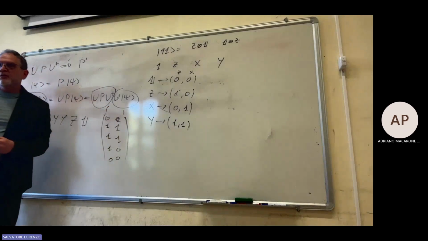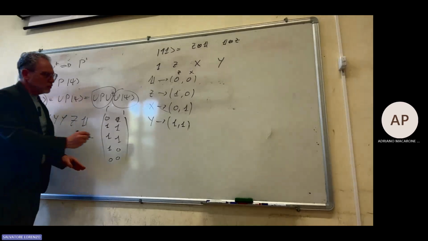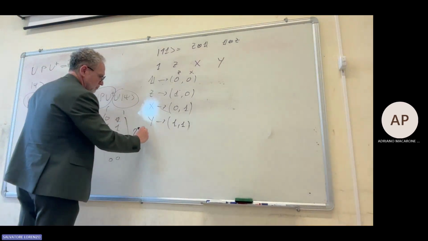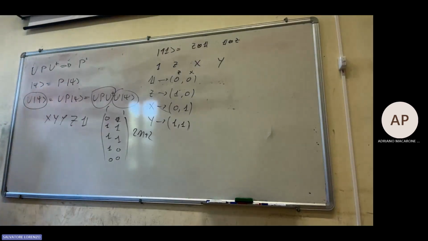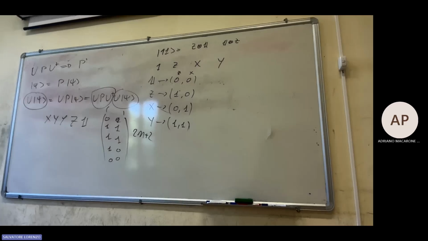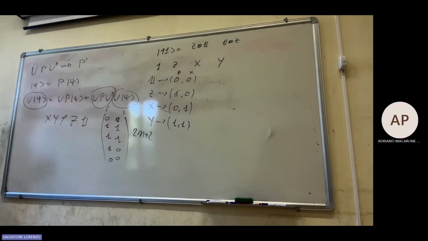So with 2n plus 2 different entries, you can describe a Pauli string. But each single stabilizer state is completely individuated by only n different Pauli strings.